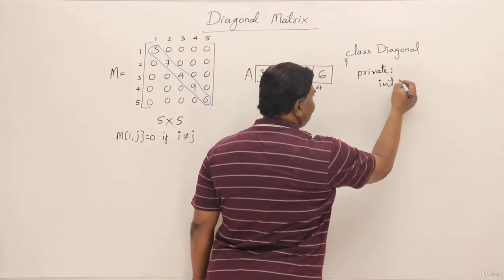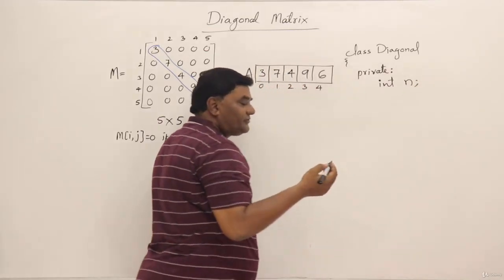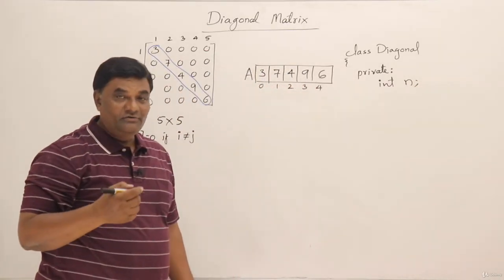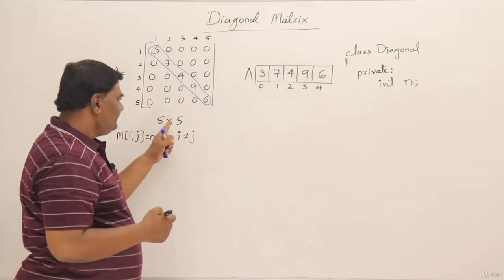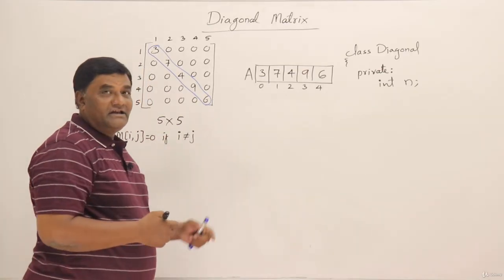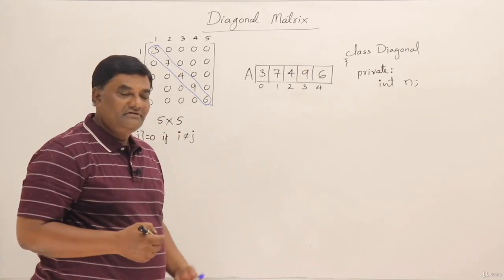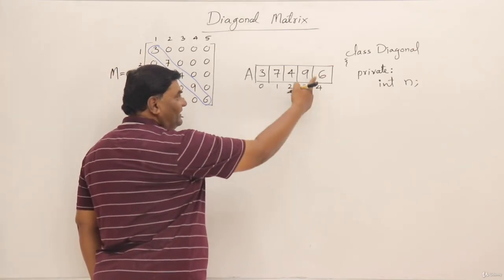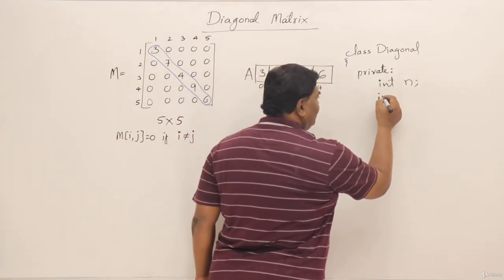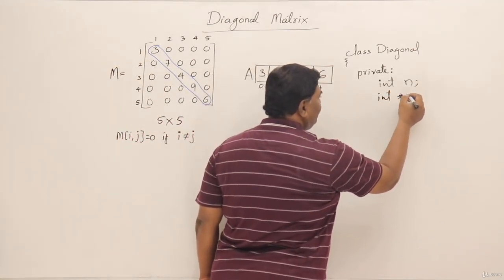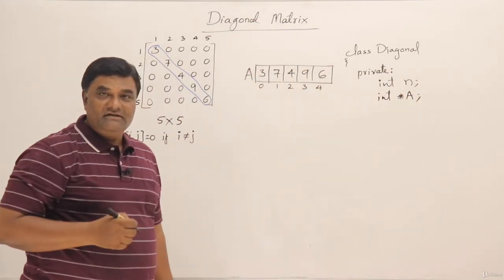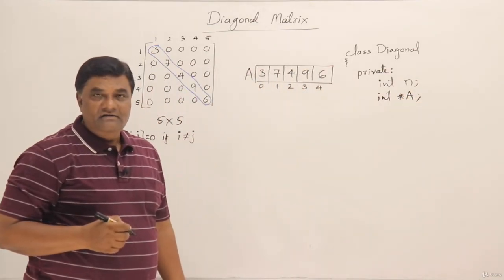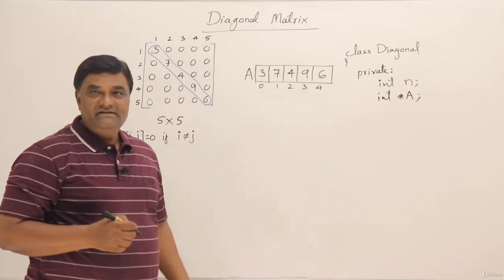One is dimension n. As it's a square matrix, just n is enough. We don't need n cross n, we need just one dimension. If n is 5, it is 5 into 5. Then we need an array. For this array, I will not create an array, but I will take a pointer so that I can dynamically create an array. That's all. These are the two things I need.